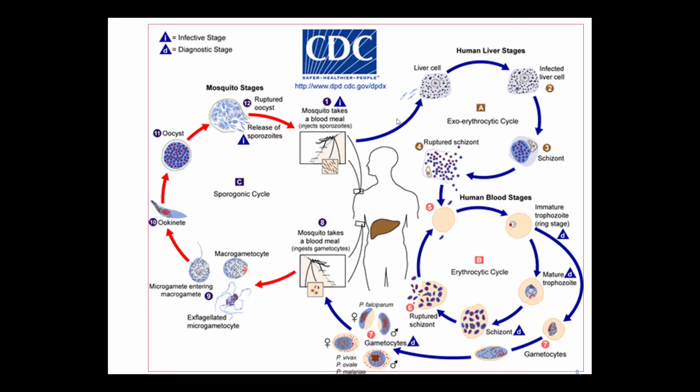When we talk about the ring stage and then gametocytes, these cells are present in all forms of malaria, and intermediate cells like mature trophozoites and schizonts are present only in vivax and ovale types, because in Plasmodium falciparum these intermediate cells are not in the peripheral blood, but in vessels of inner organs.